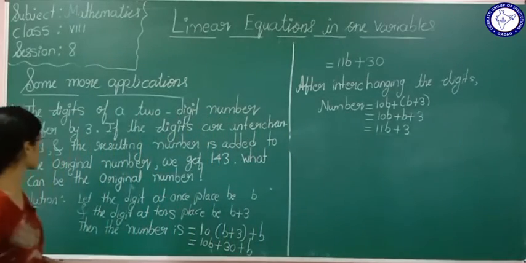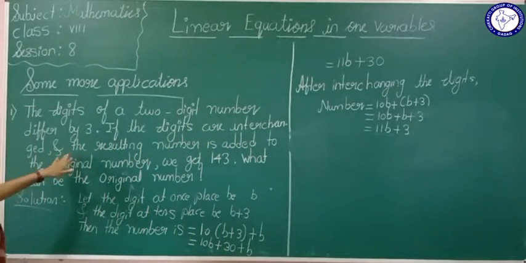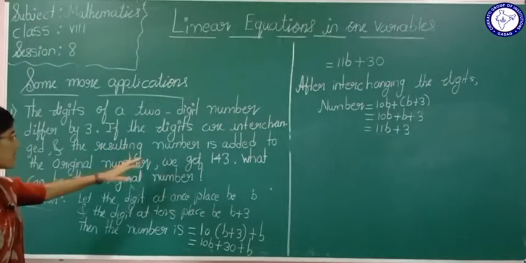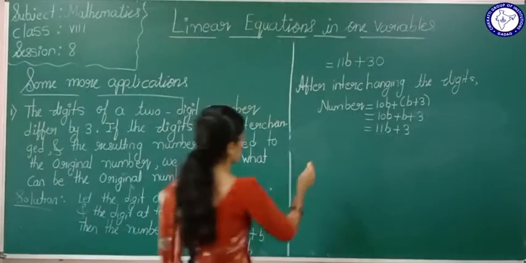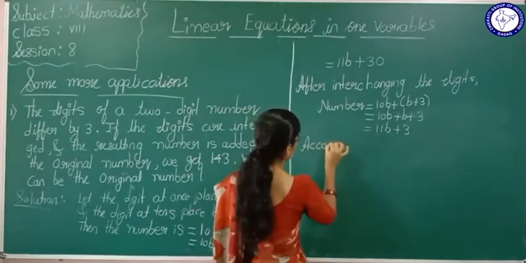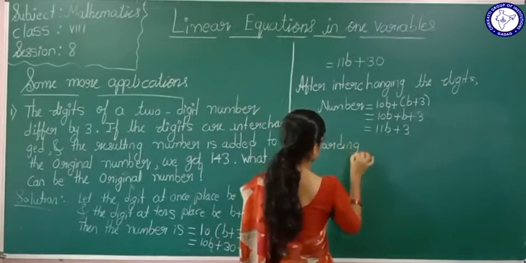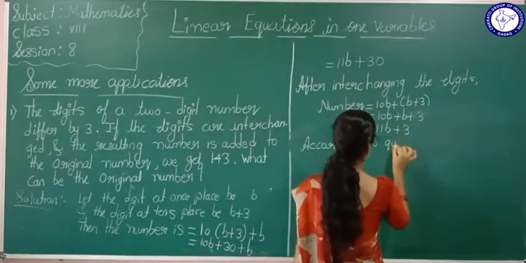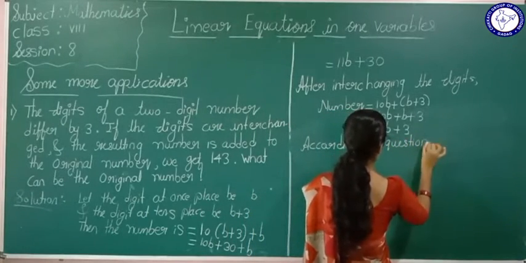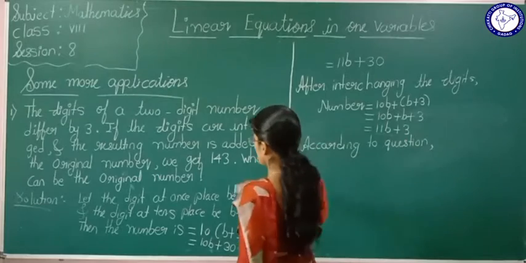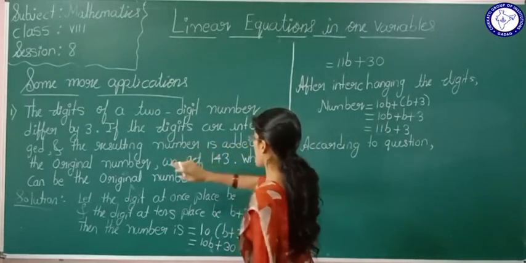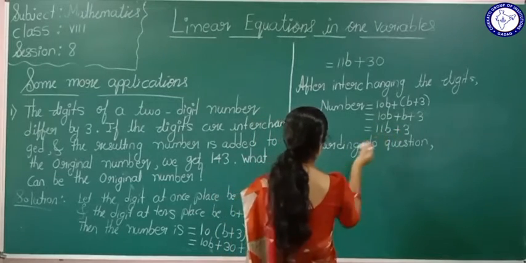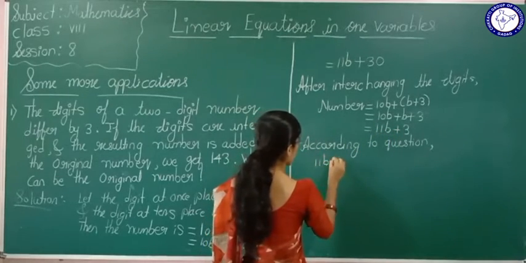According to the question, the resulting number is added to the original number, and we get 143. The resulting number is 11b plus 3.